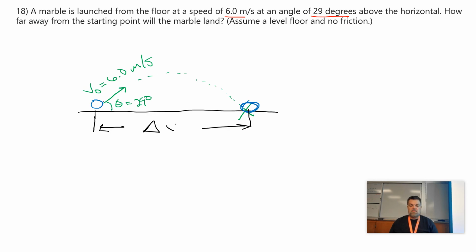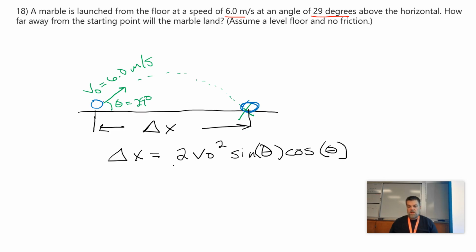So delta x is equal to 2 times the velocity squared times sine of theta times cosine of theta all over g. Remember that g is going to be a positive 9.8 because it's in the formulas as negative.